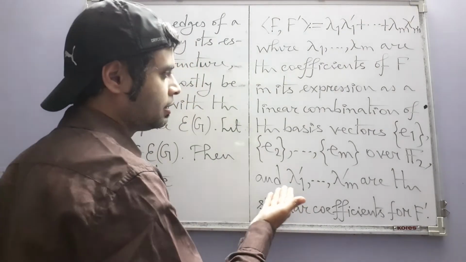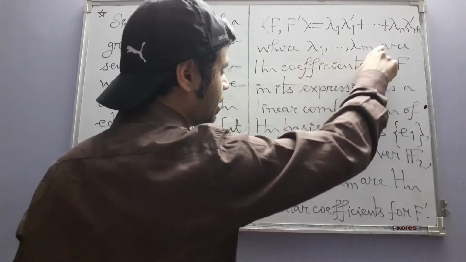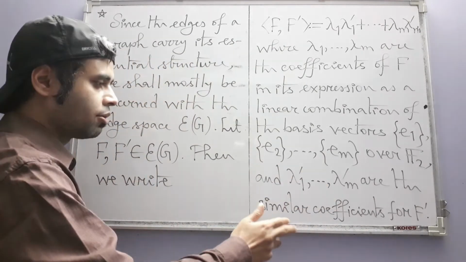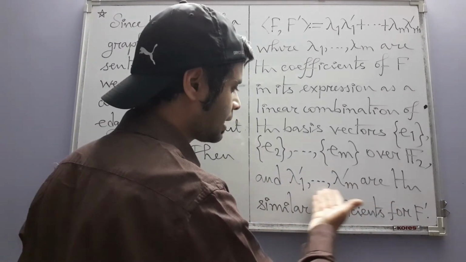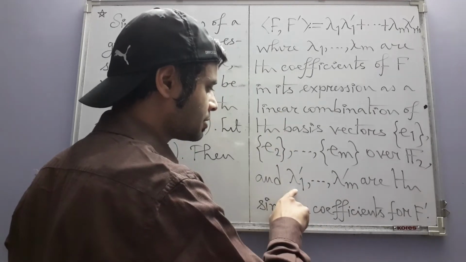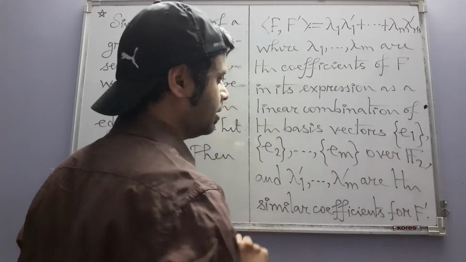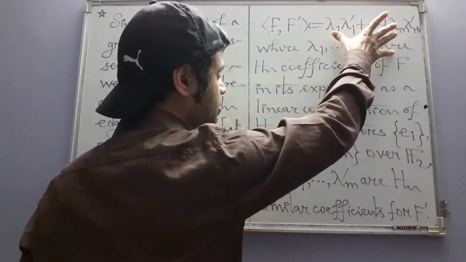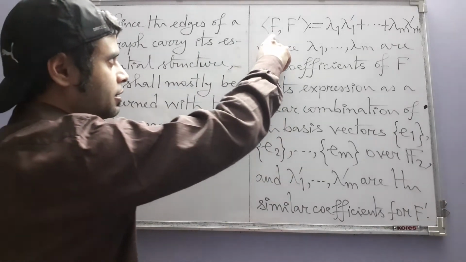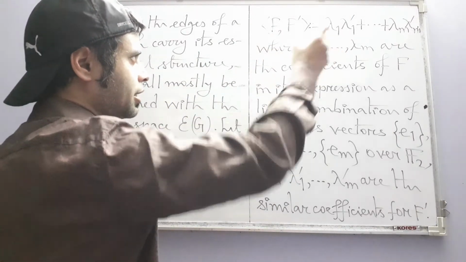You can see that all the lambda i's and lambda i primes, as i varies from 1 through m, are in fact field elements. So this combination of them is also a field element. We are taking the product of two vectors and getting a scalar.